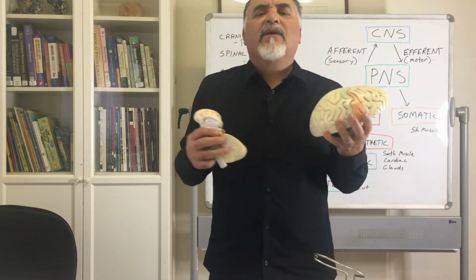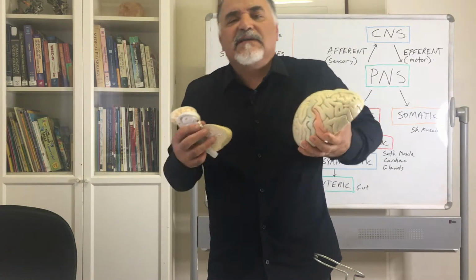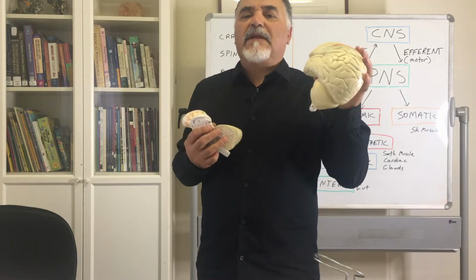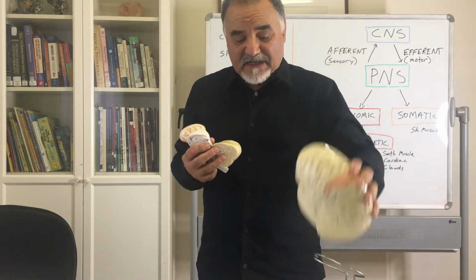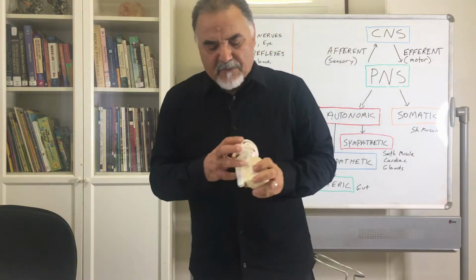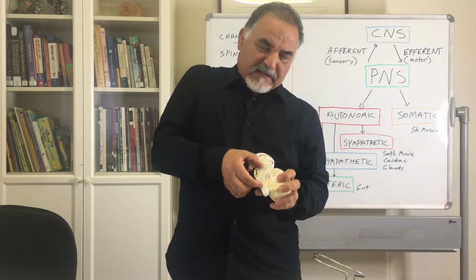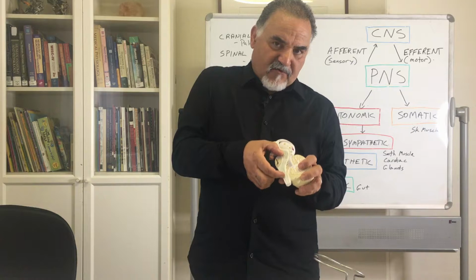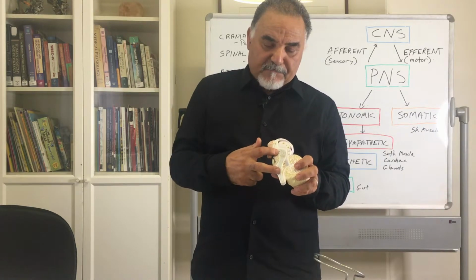So we know that we can have alpha, beta, delta, theta waves in the brain. And these different levels of electrical activity in the brain are pretty much controlled by the activity of the reticular activating system right here in the brainstem.